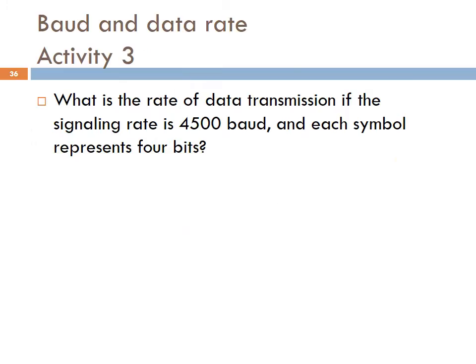And calculated, 4,500 symbols per second times 4 bits per symbol. This leads to the number of bits per second. In this way we can calculate the number of bits per second, the data rate.